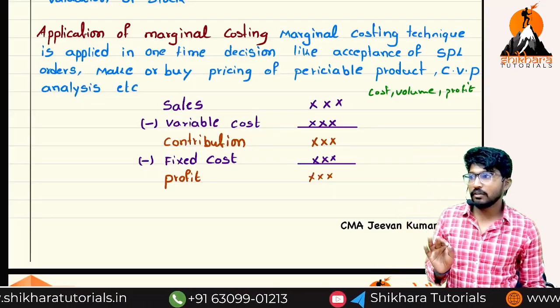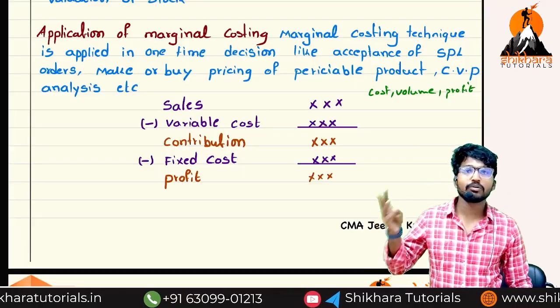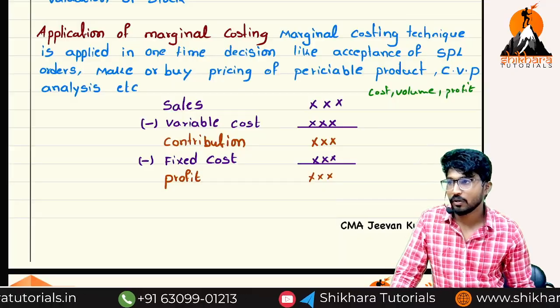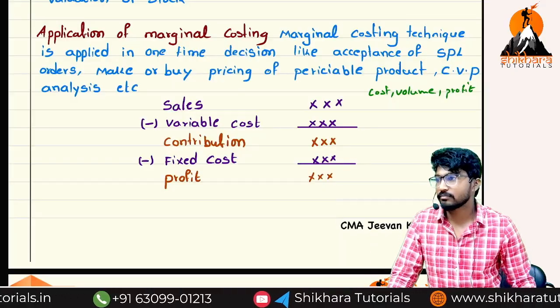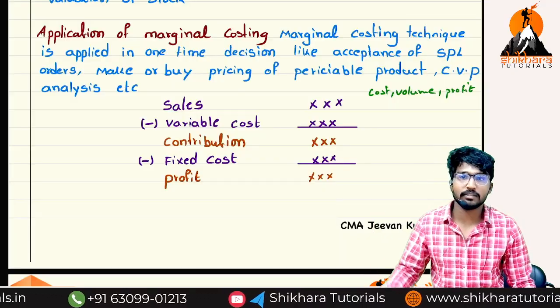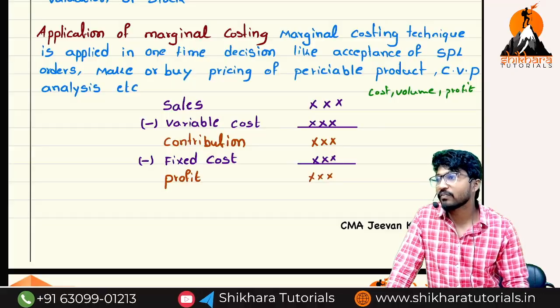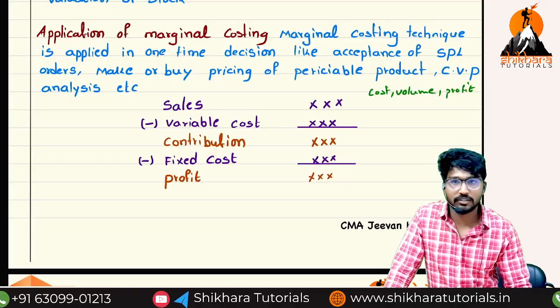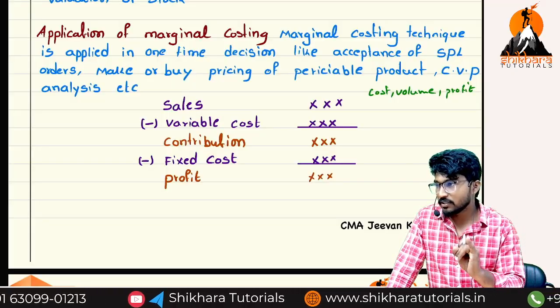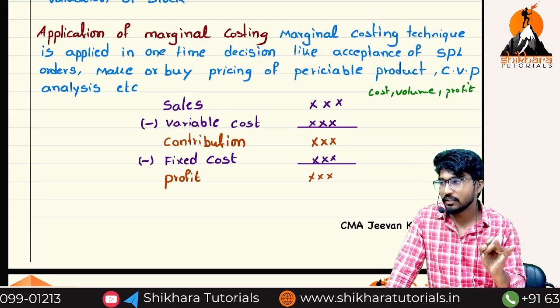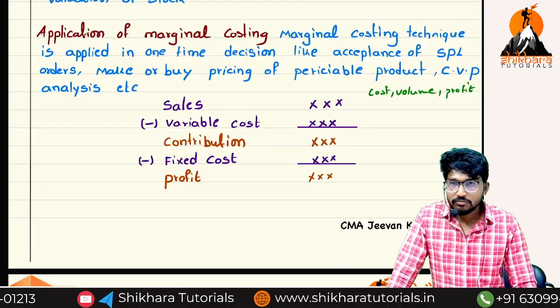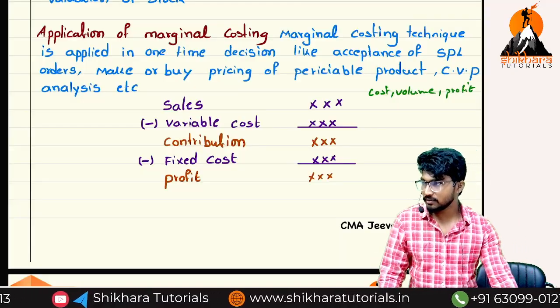In costing, if you divide the costing into 3 parts, one is elements of cost, another one is methods of costing, and finally techniques of costing. What is the meaning of elements of cost?